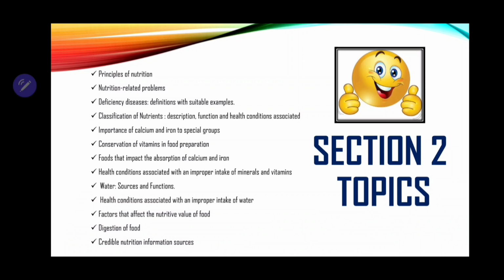And also digestion of food, parts of the digestive system, definition of certain key terms such as digestion, mastication, absorption, bolus, peristalsis, and chyme. And also, as I said before, the different parts of the digestive system, and also credible nutrition information sources such as online media, magazines, newspaper, television, textbooks, and so on.